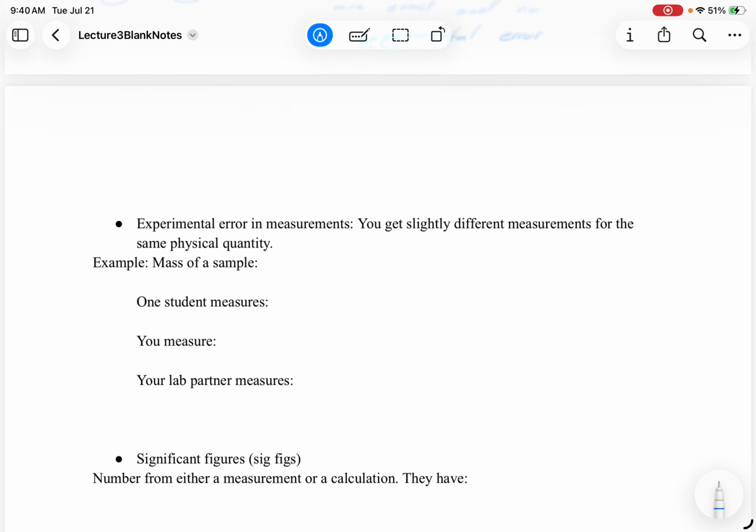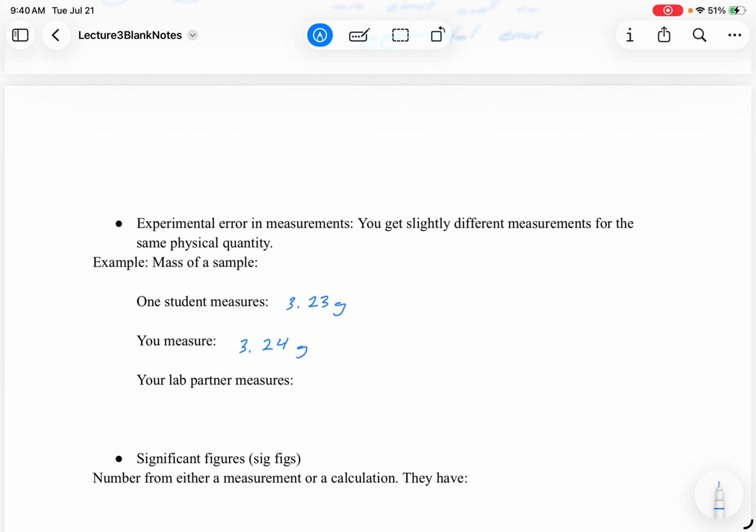So example, mass of a sample, right? Let us say that one student measures 3.23 grams. You measure 3.24 grams.